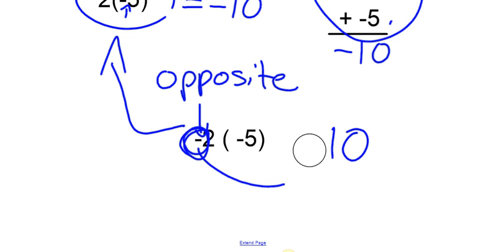The opposite of -10 is, of course, +10. Let your minds wrap around this, because as difficult as it may appear, it's really a concept that is not too hard to grasp.